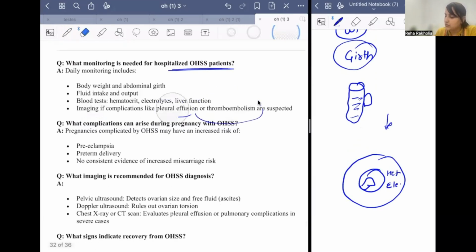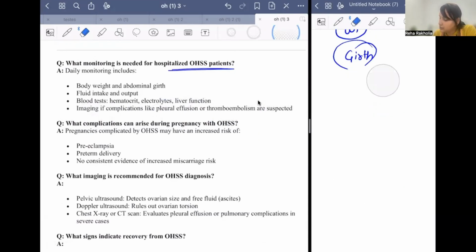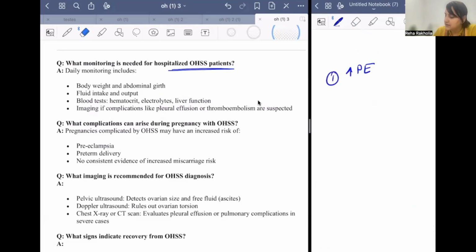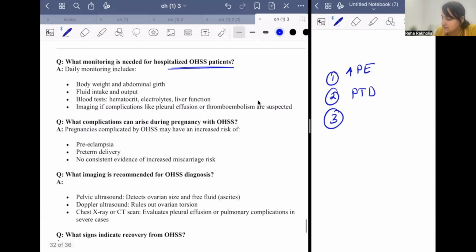Third question is, what complications can arise during pregnancy with OHSS? Pregnancy with OHSS may have an increased risk of preeclampsia and preterm delivery, and there is no consistent evidence of increased miscarriage.